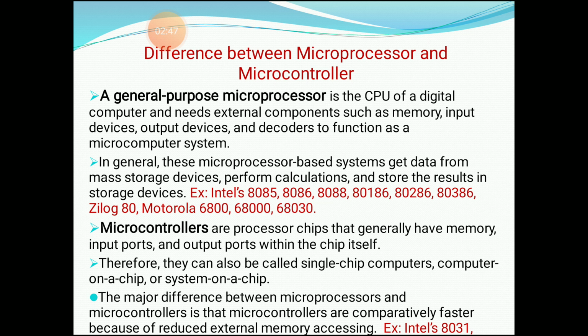The major difference between microprocessor and microcontrollers is that microcontrollers are comparatively faster because of reduced external memory accessing. The various examples of microcontrollers are Intel 8031, 8051, 8052, etc.